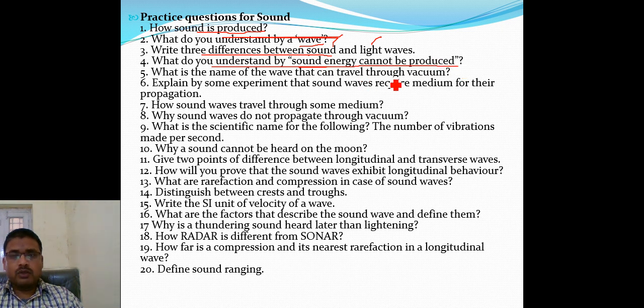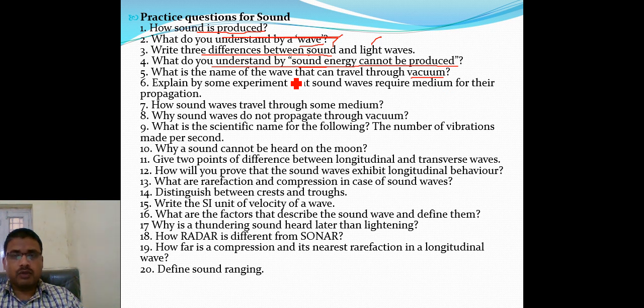Initially I told you, waves travel in a medium, that is called a mechanical wave, and there is one wave which does not require any kind of material, and that kind of wave is basically non-mechanical. So the answer to this question is the non-mechanical wave.